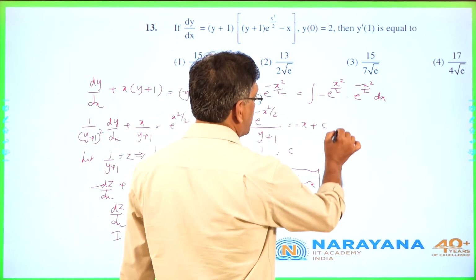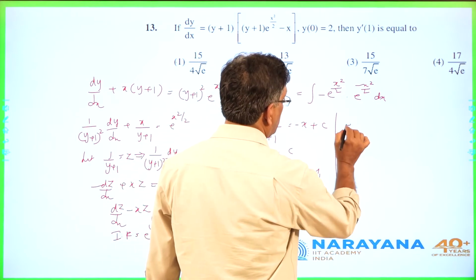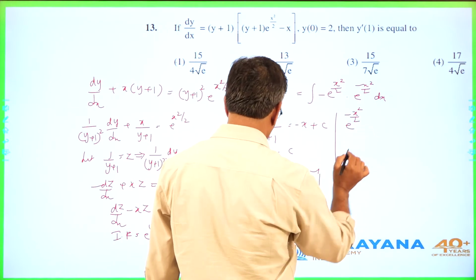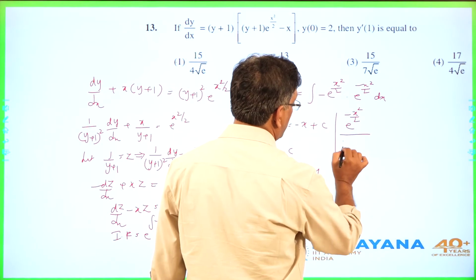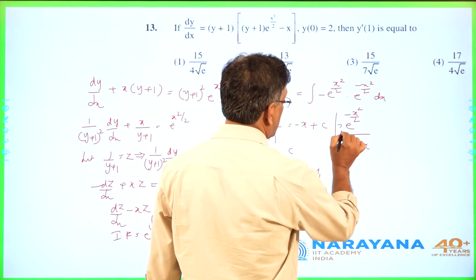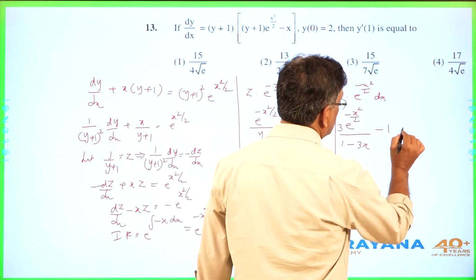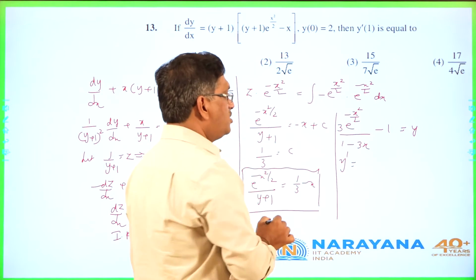So let us rewrite. If you rewrite like this, e power minus x square by 2, taking LCM 1 minus 3x, cross multiply, 3 goes to the numerator, minus 1, that is y. Now y dash. Here we have to apply the u by v rule.